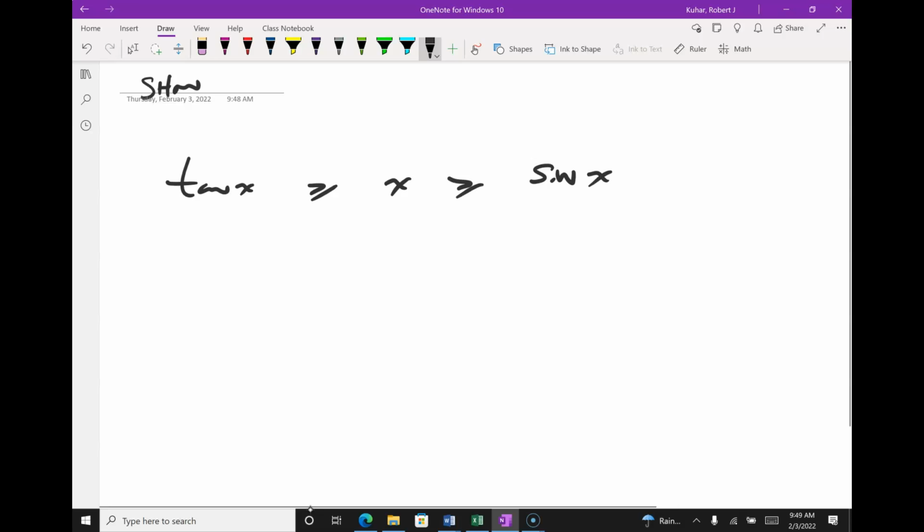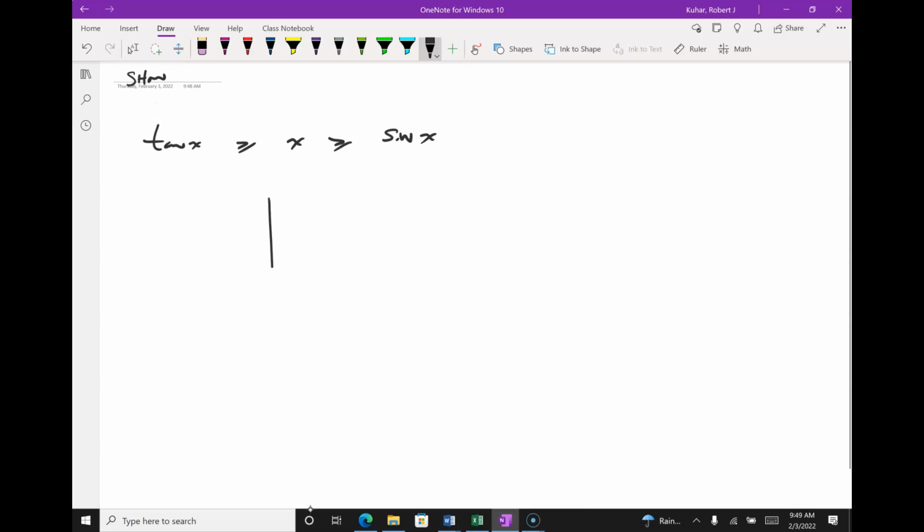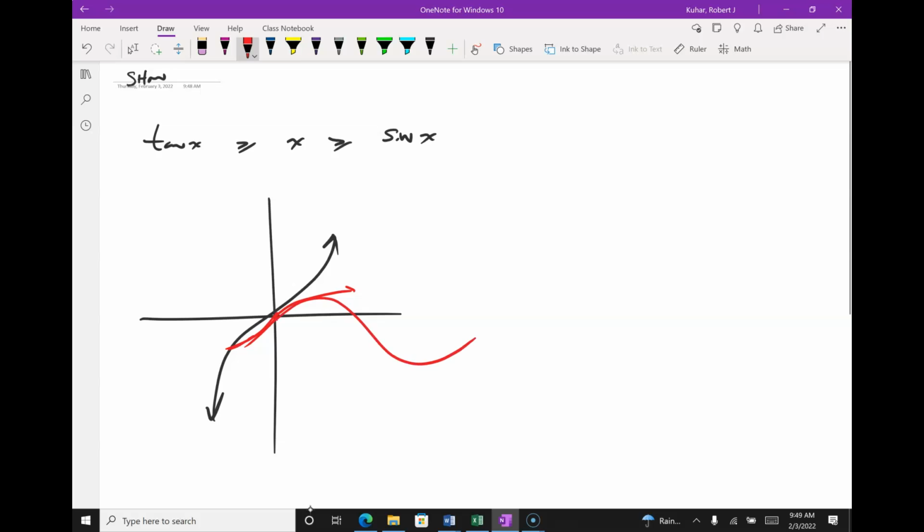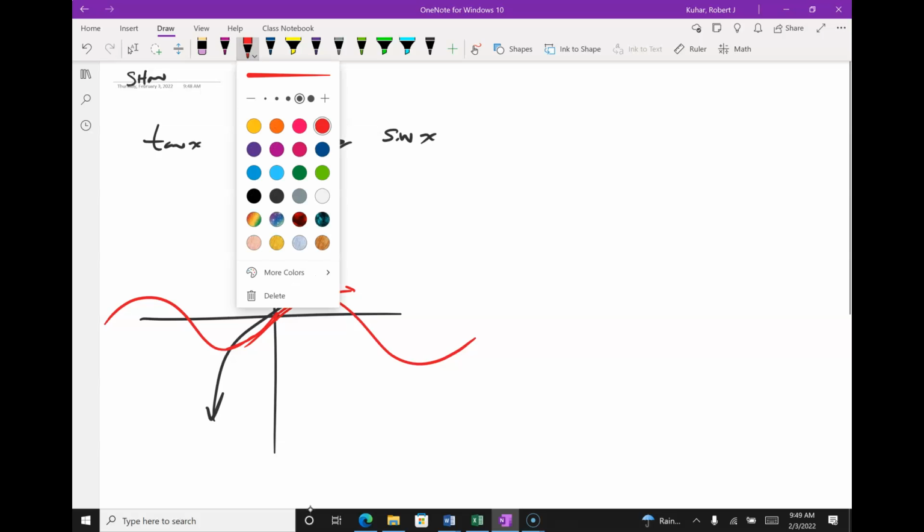And this is graphical, so I'm going to do it graphically. But it should kind of make sense. We know what tan x looks like, and we know what sine x looks like. Forgive my poor craftsmanship.